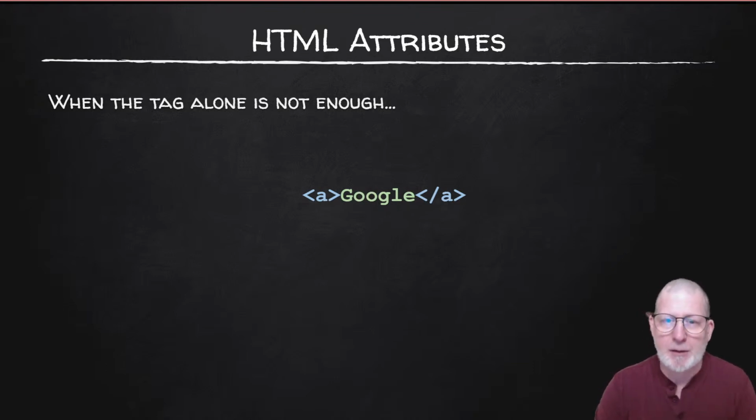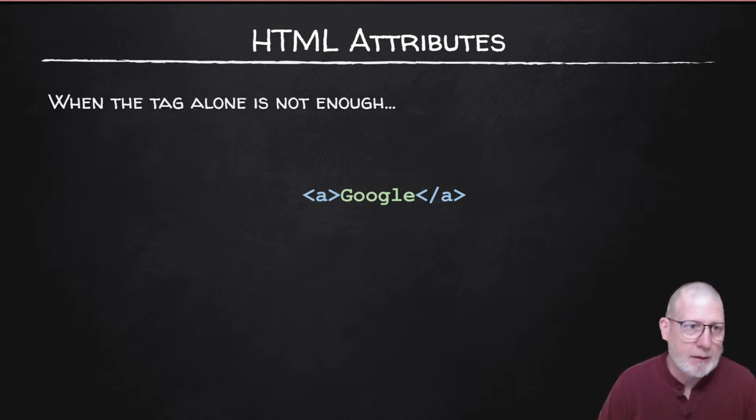The anchor tag by itself doesn't tell us enough. If I go back to my live share and I go inside the footer and I create that anchor tag, that anchor tag doesn't have enough information for me to be able to go search Google with that.